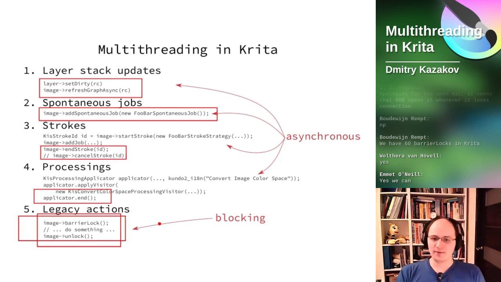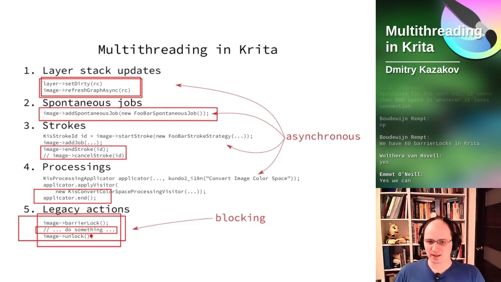But if the code inside this synchronous block has called layer setDirty or layer refresh graph from inside the barrier lock, it will add the job, but it will not execute it.